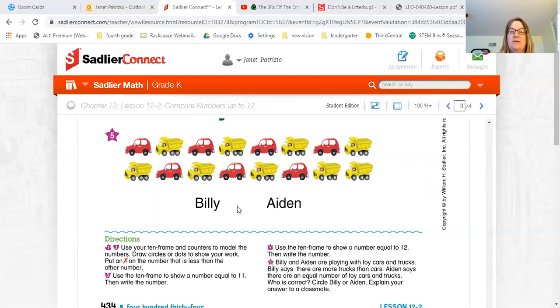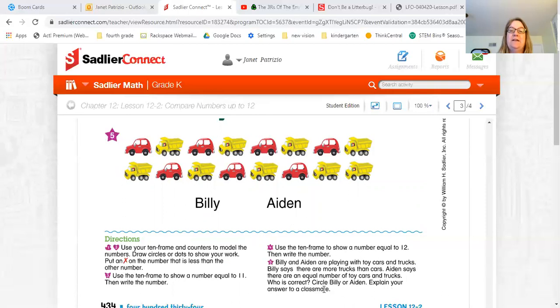Who is correct? You will circle the name. Billy, if Billy's correct, saying there are more trucks than cars, you will circle Aiden's name if he's correct, who says there's the equal number of cars and trucks.